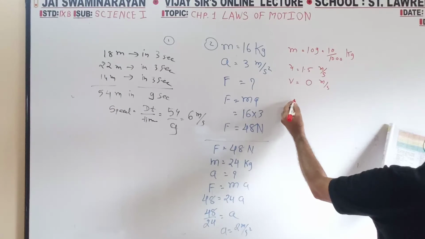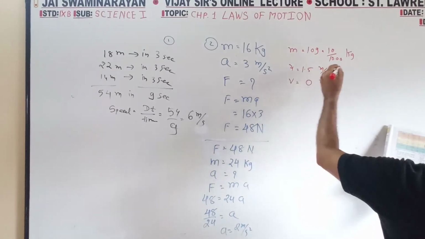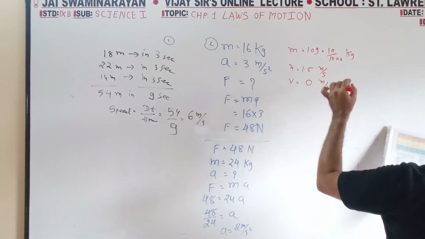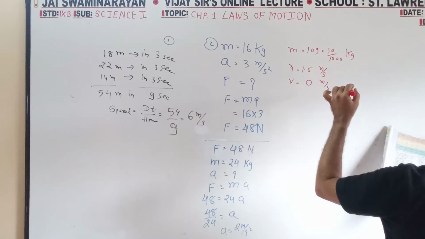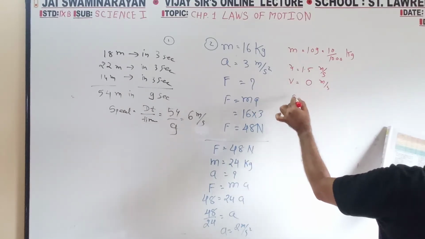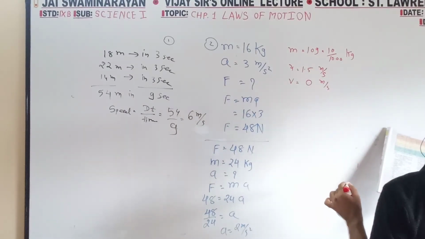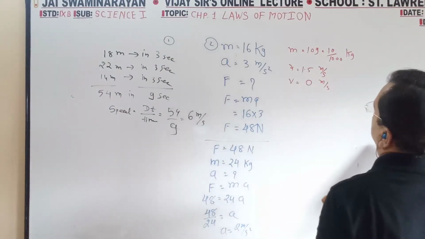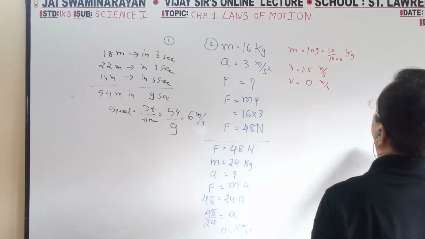What we have to find out? A bullet having this mass and moving with this speed penetrates a thick wooden plate of mass 900 gram.